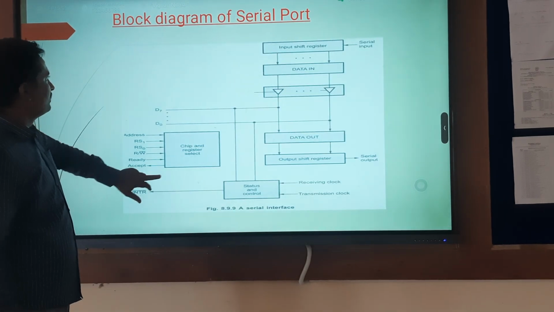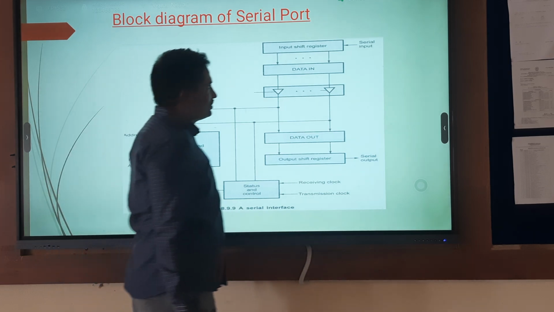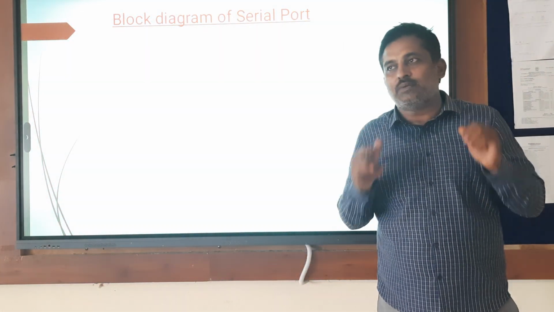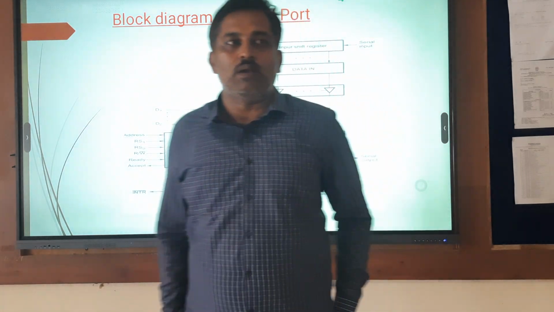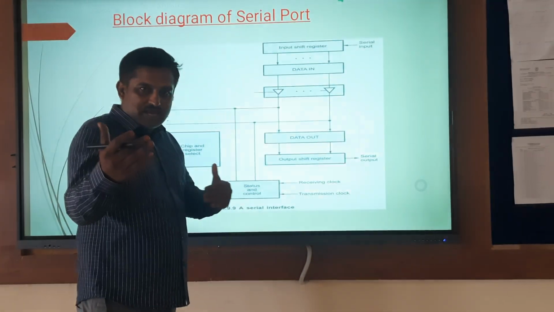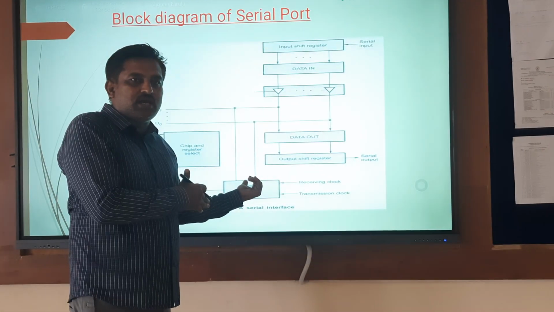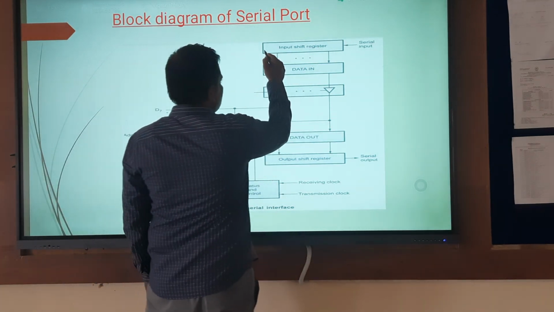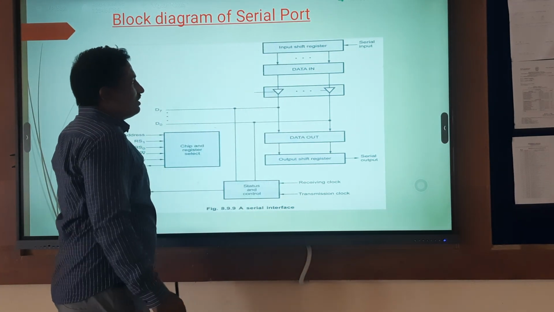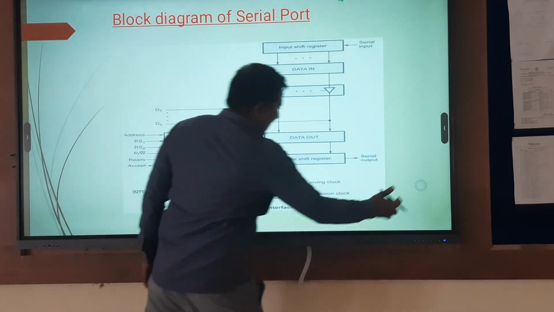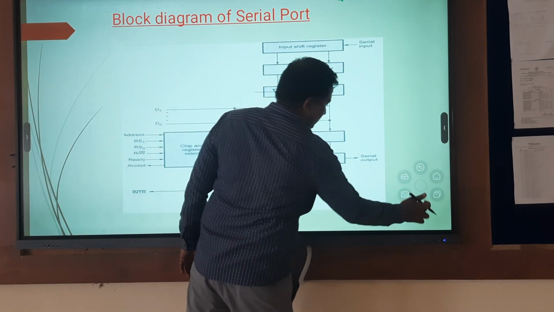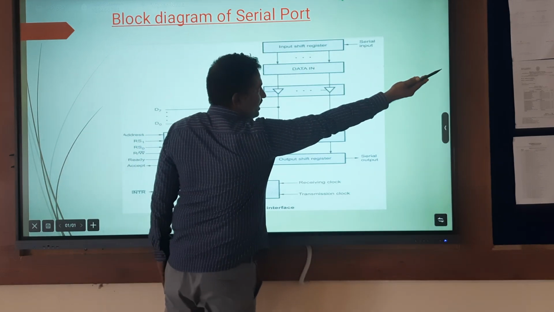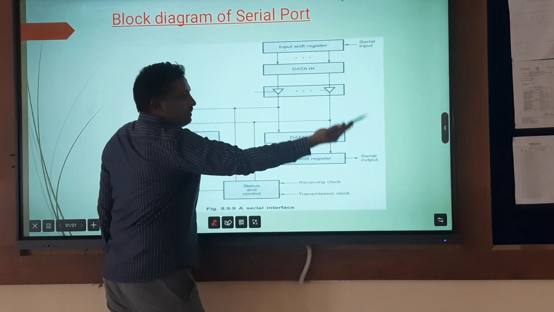Next, this is the block diagram of the serial port. Here it is the combined block diagram of the serial port for accepting the data as well as sending the data out. Now this is the input shift register. Listen carefully. The input shift register accepts the data serially, that is bit by bit.